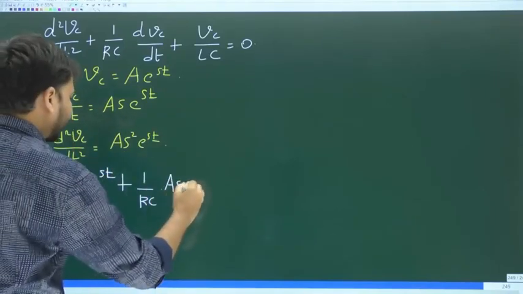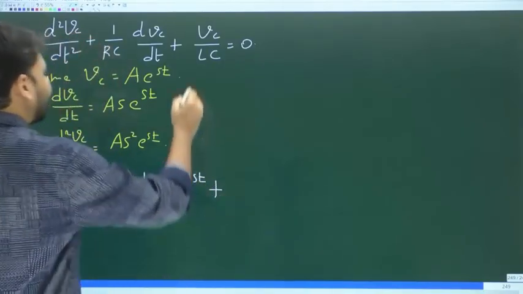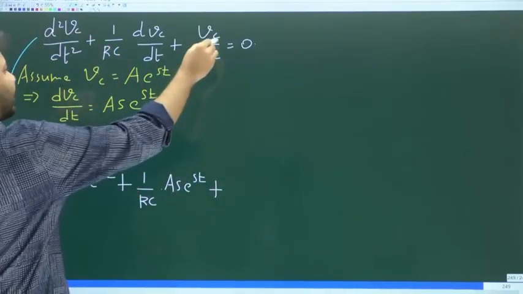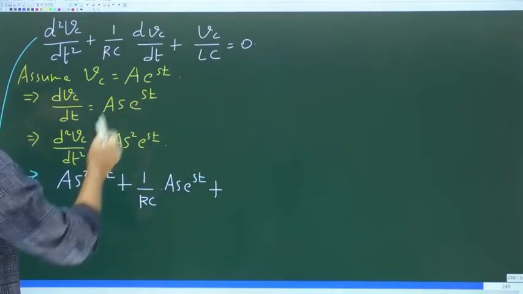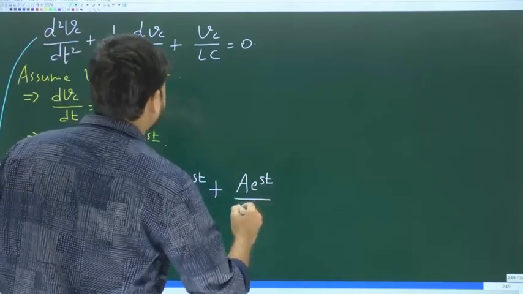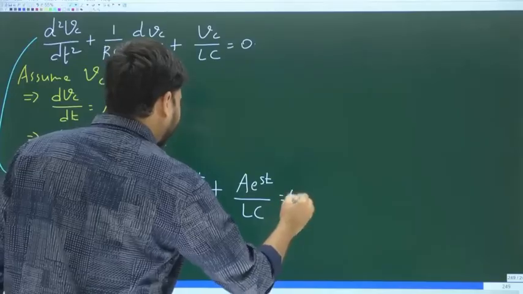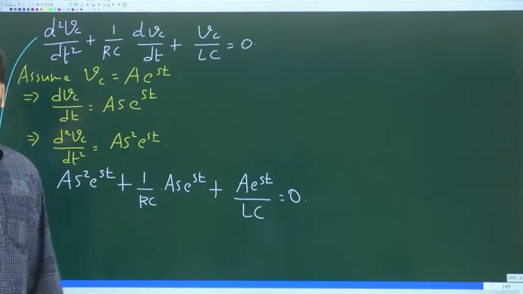It is As times e power st. And then you have the third term, vc divided by LC. What is vc? Assumed to be A times e power st, A times e power st divided by LC equal to 0.